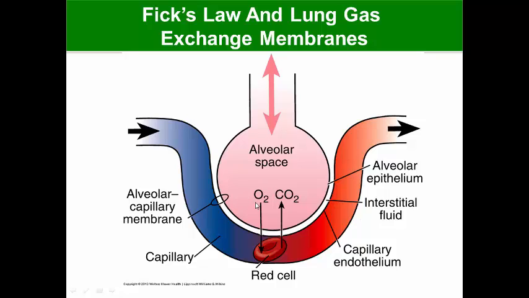We mentioned that it is from 100 to 105 millimeters of mercury. Carbon dioxide diffuses in the opposite direction. Why? Because the partial pressure of carbon dioxide here in the blood in the pulmonary capillaries is 45 to 46 millimeters of mercury, while it is only 40 here.